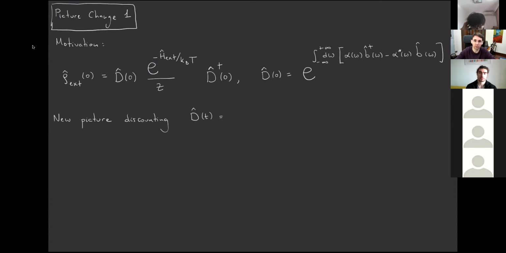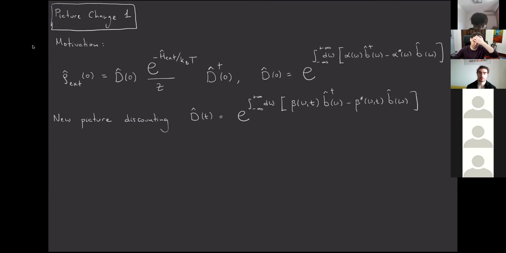So we will do it quite general and we will allow this displacement to depend on time. So in particular, the displacement that will define the new picture, it's a unitary operator that will depend on some amplitudes beta that might depend on time. So they depend on frequency and they might depend on time. And then we have here the operators B and then minus B star, omega T, B of omega.